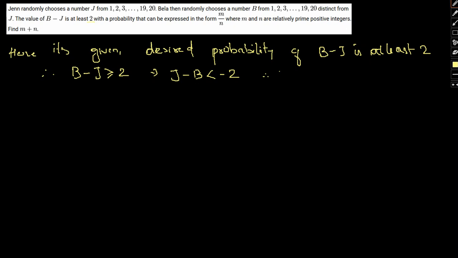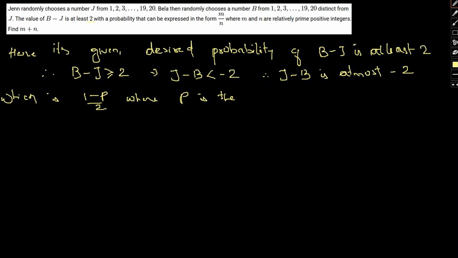Okay, therefore j minus b is at most minus 2, which is (1 minus p) by 2, where p is the probability that b and j differ by 1.